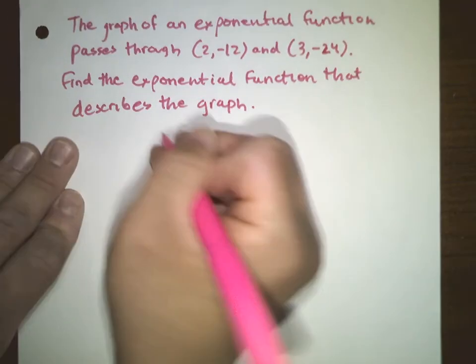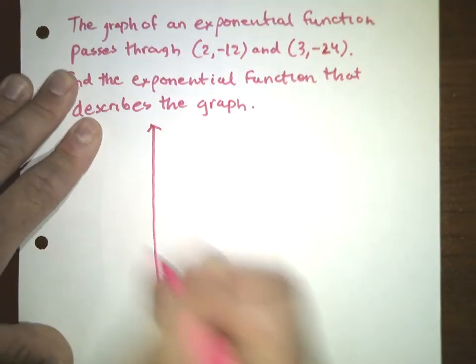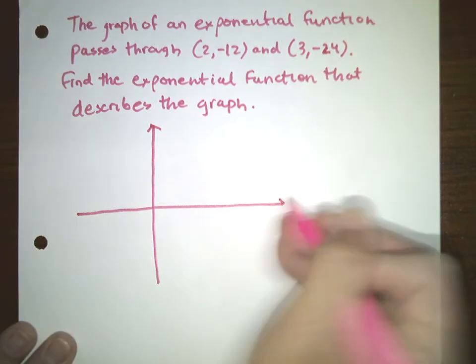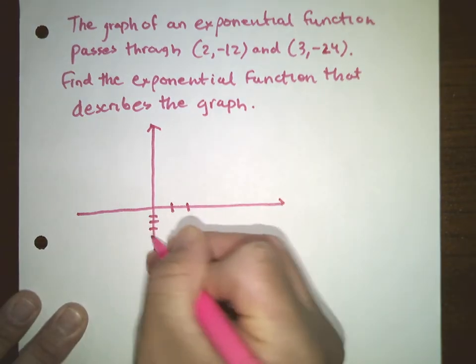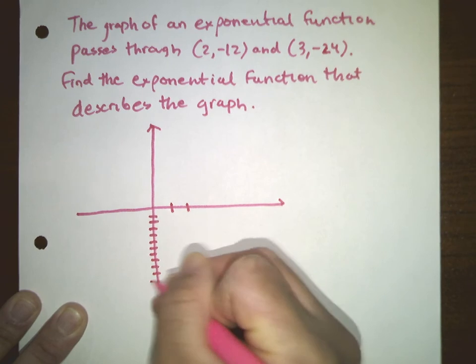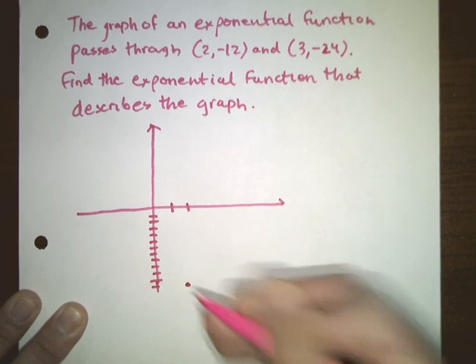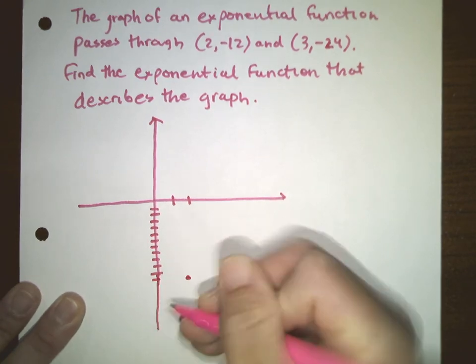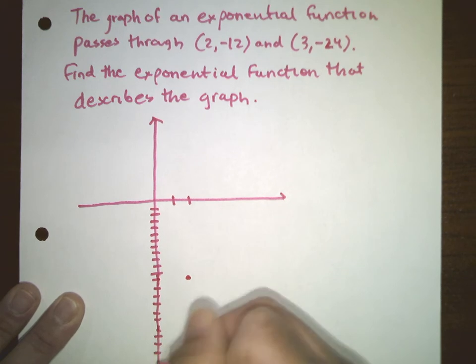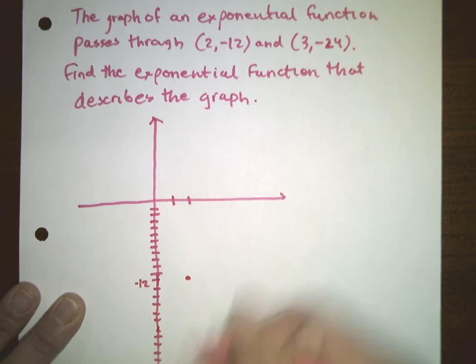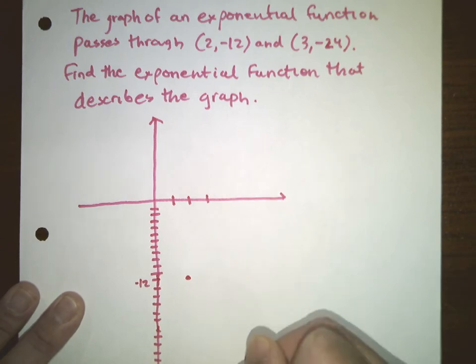So here's what this one actually looks like. We have at 2, -12. So 1, 2, 3, 4, 5, 6, 7, 8, 9, 10, 11, 12. So 2, -12. And at 3, -24, so that's -12, -24.